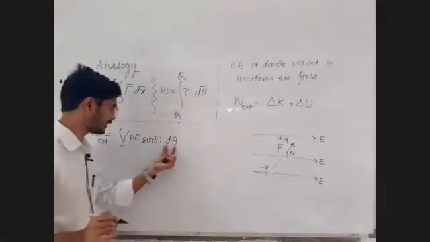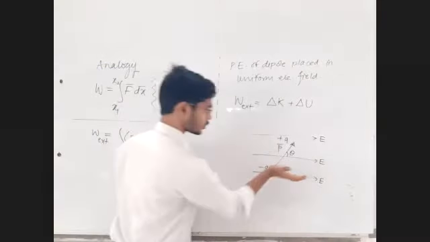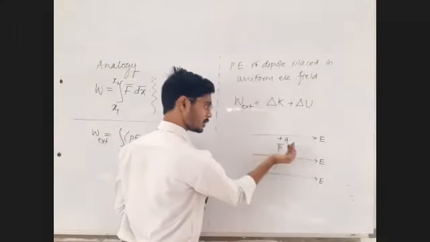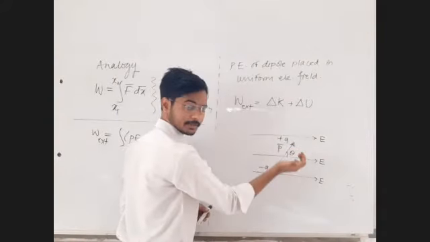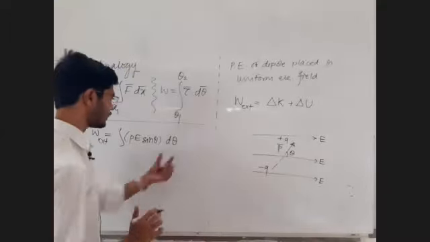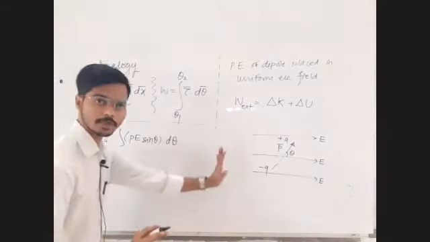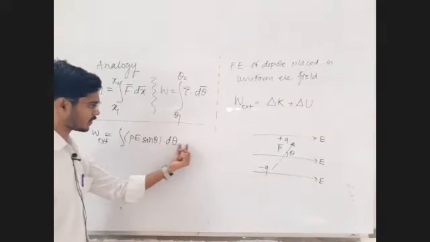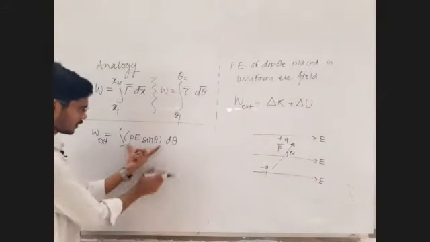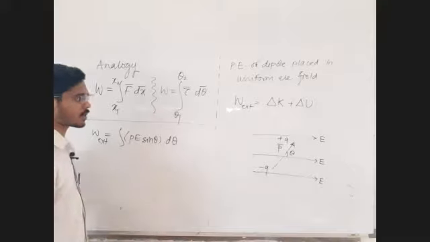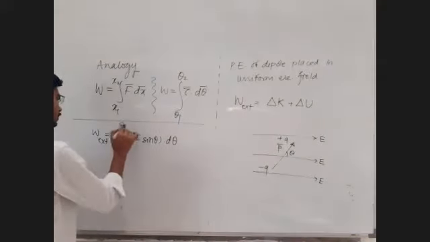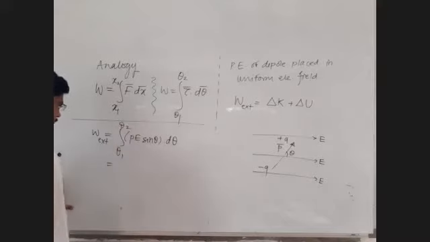The torque that we are applying is outside, and the angular displacement d theta is also outside. So no need to write cos 0 because cos 0 is plus 1. Both are outward. So cos 0. Initial position theta 1 to final position theta 2.